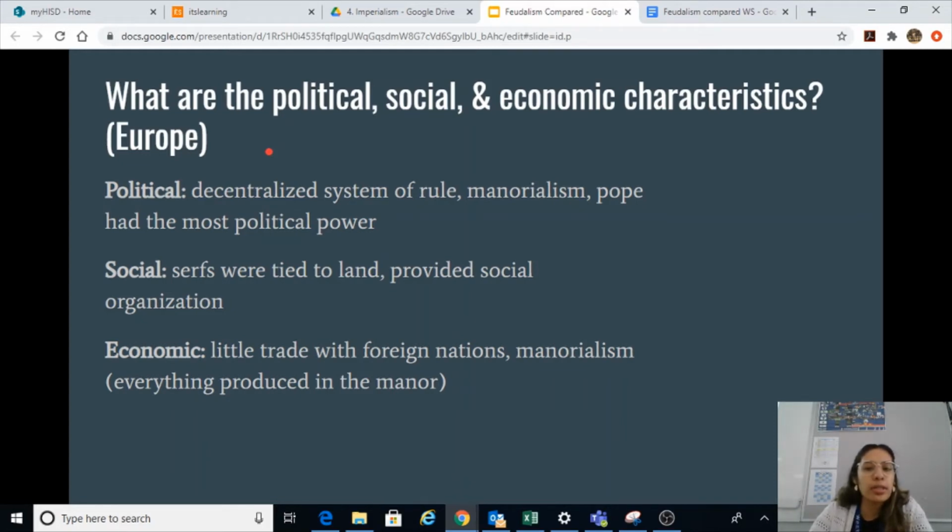So with manorialism, basically everything is produced in this big estate, which is actually going to keep these manors from trading with each other because they're going to produce basically everything they need in their little community.